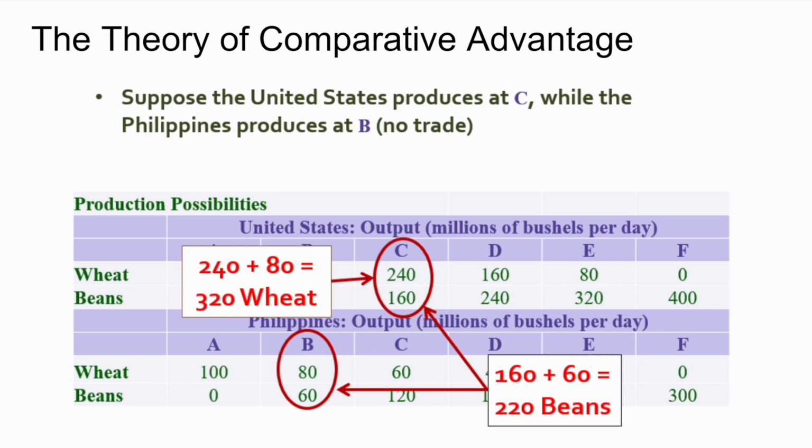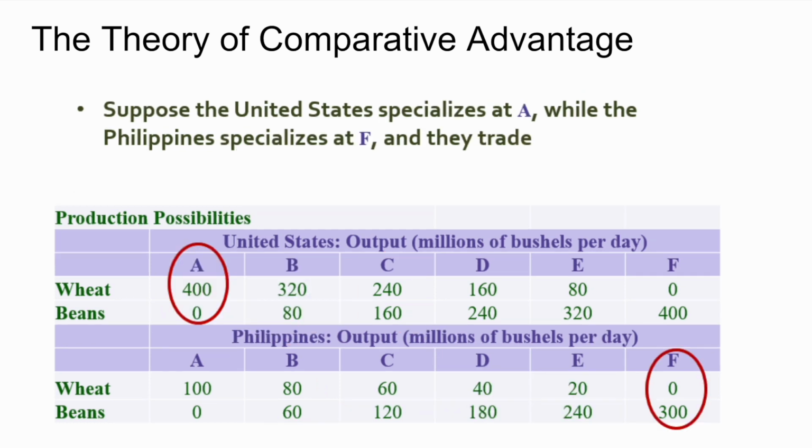So if we think about how much they produce in total, 240 from the U.S. in terms of wheat plus 80 from the Philippines in terms of wheat is 320 wheat. And in terms of beans, 160 are being produced in the U.S., 60 are being produced in the Philippines, for a total of 220 beans.